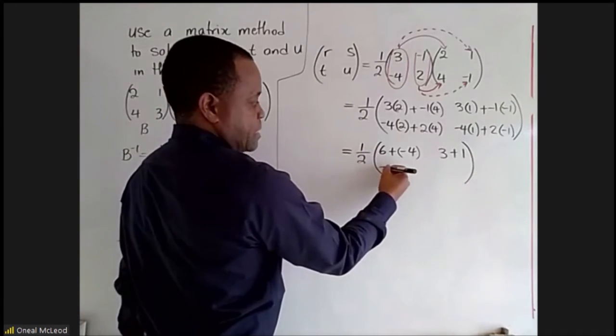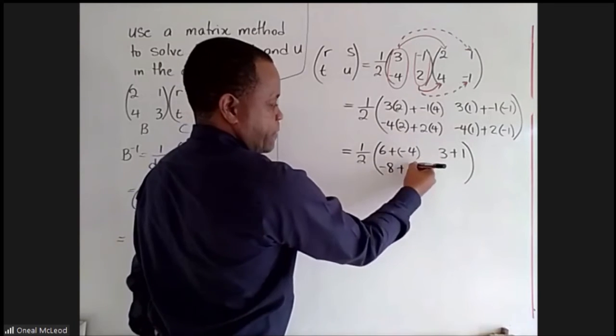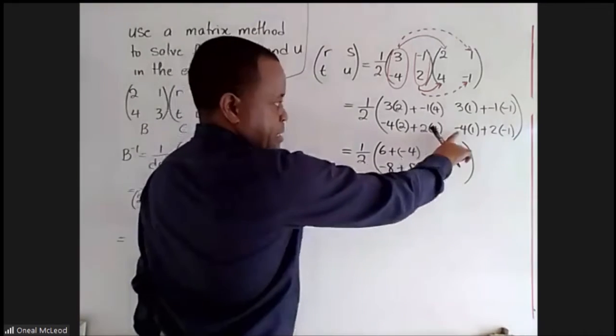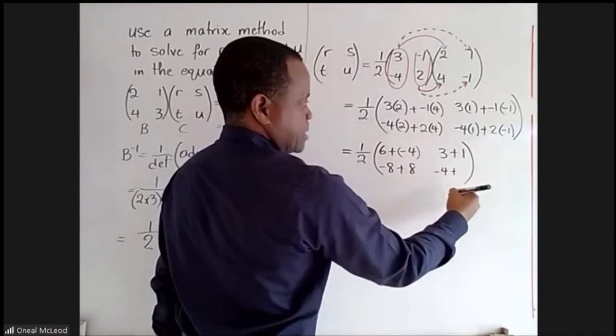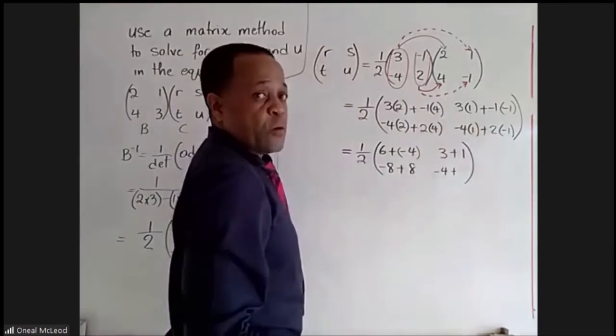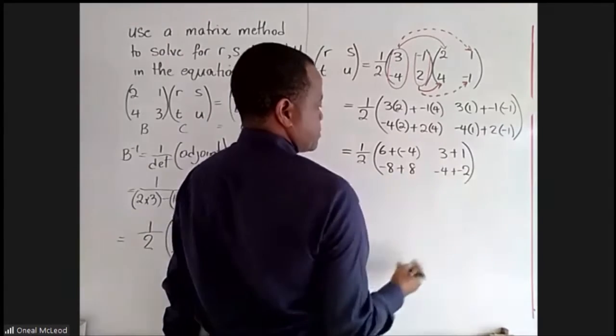Negative 4 times 2 will give us negative 8, plus 2 times 4 will give us 8. Negative 4 times 1 will give us negative 4, plus 2 times negative 1 will give us negative 2.